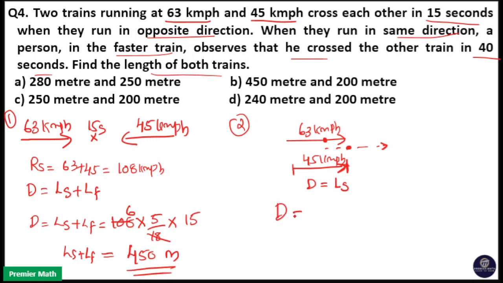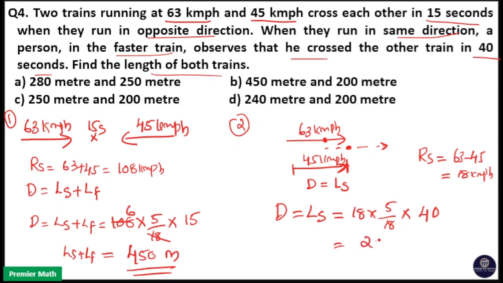That means in the second case, distance covered is equal to the length of the slower train, which is equal to relative speed. Here, both are moving in the same direction, so 63 minus 45 is equal to 18 km per hour. I will convert it to meter per second, 5 by 18, into time taken to cross this slower train, 40 seconds. So here 5 into 40, 200 meter.